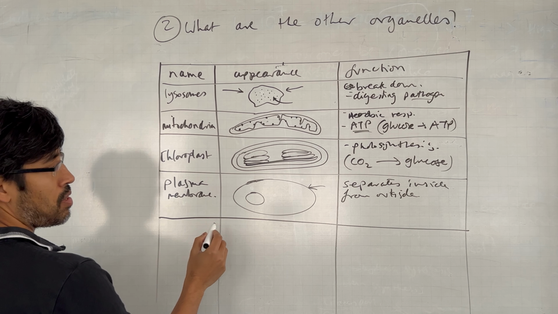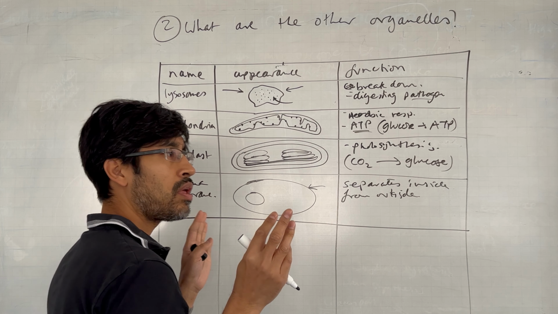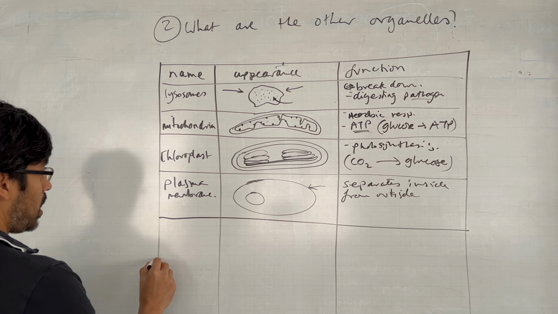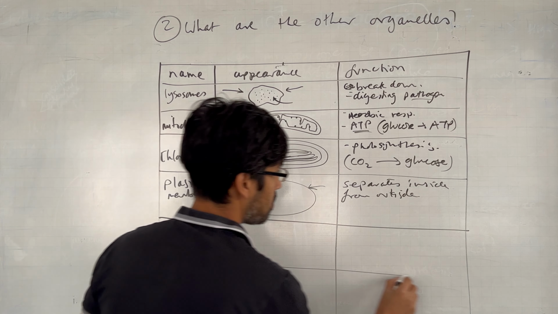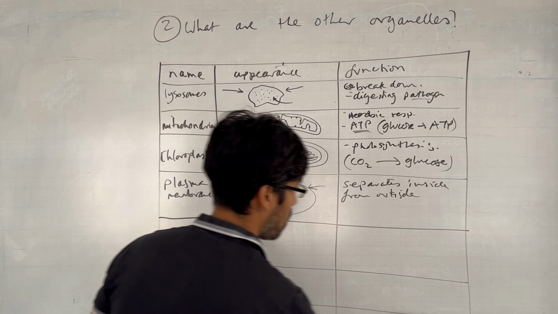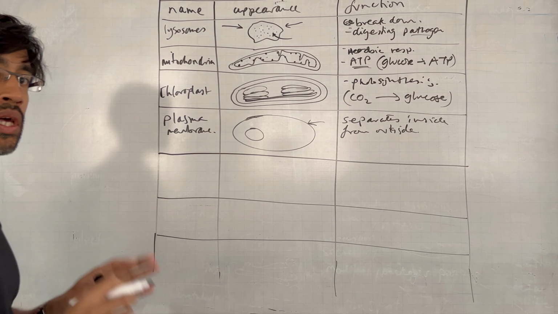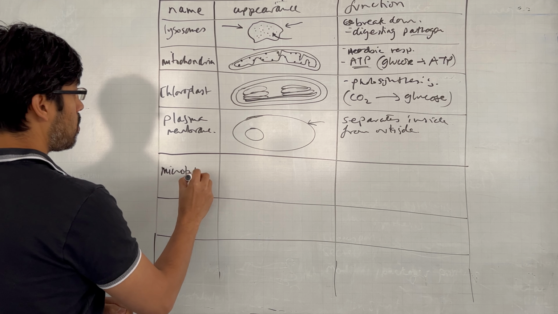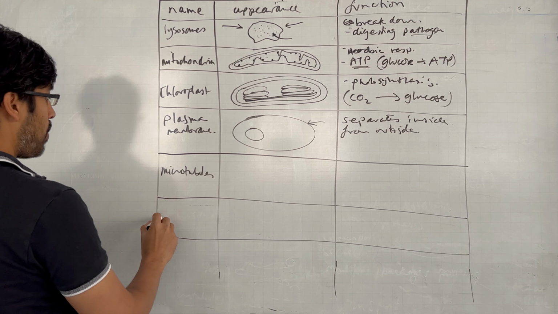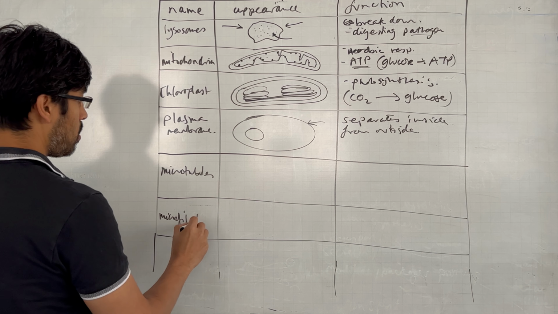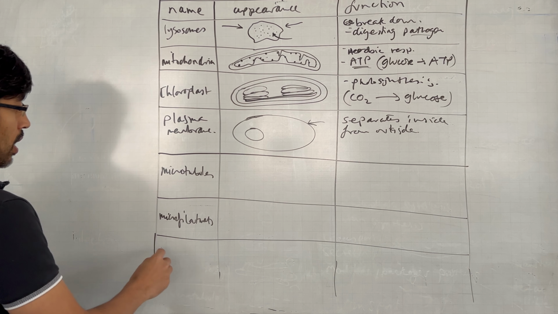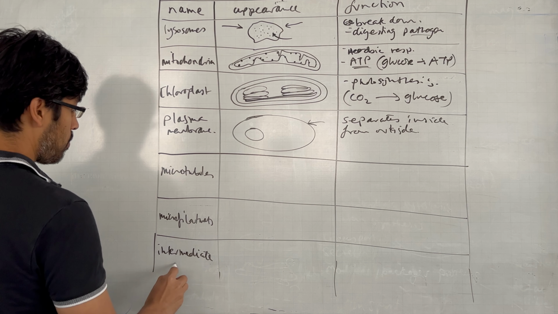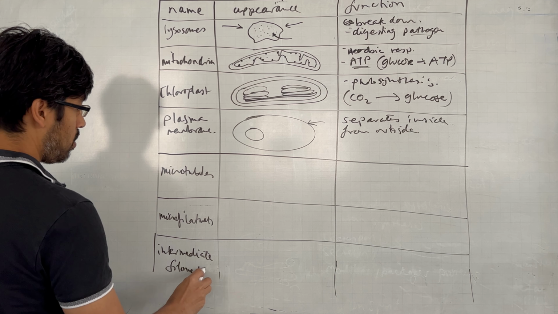I think then that takes us to cytoskeletal components. Okay, now here I'm going to divide this section into three, because there's three main cytoskeletal components. There's microtubules, there is microfilaments, and there are intermediate filaments.